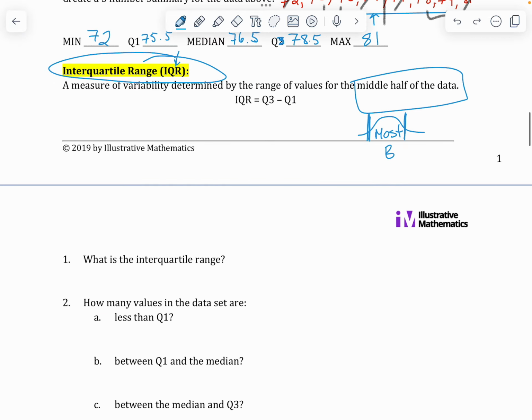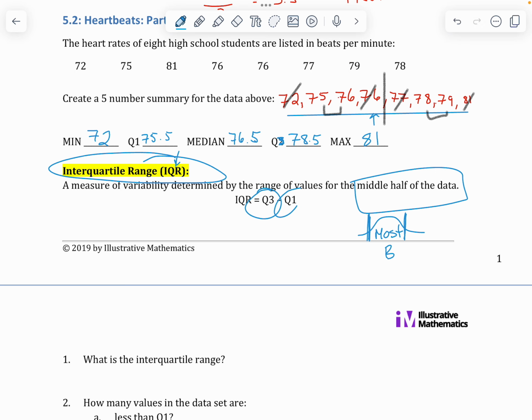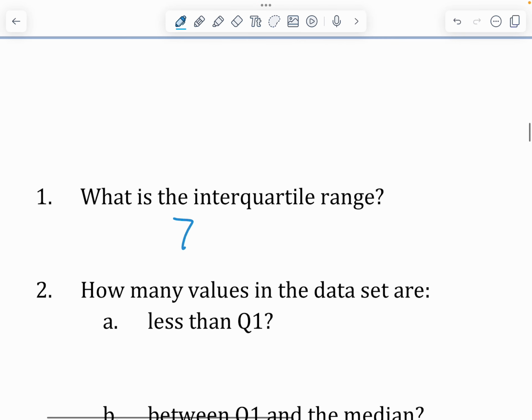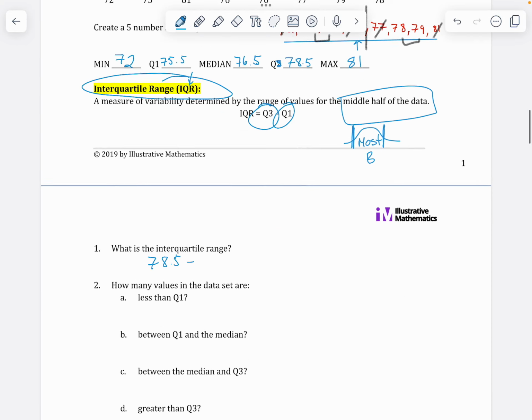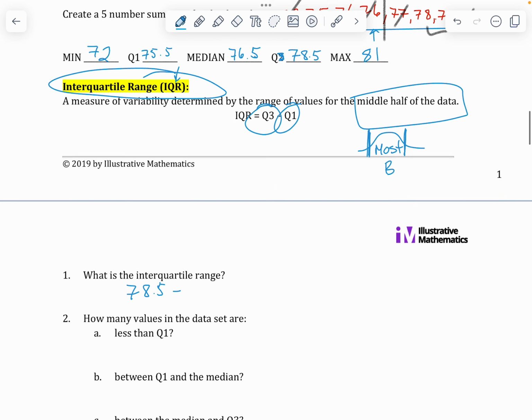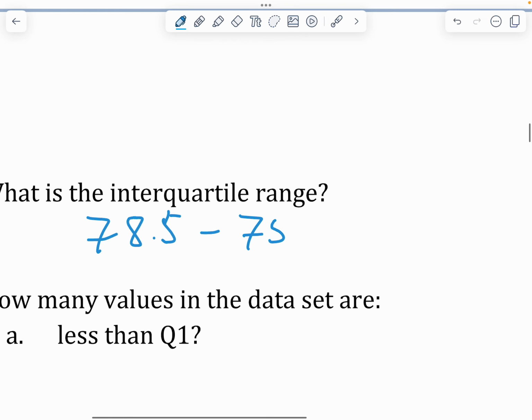So what is interquartile range? We just described it up there, but we're going to take quartile 3 and subtract quartile 1. In this case, we're going to take 78.5 and subtract 75.5, and those values are coming from up here. 78.5 minus 75.5 is 3.